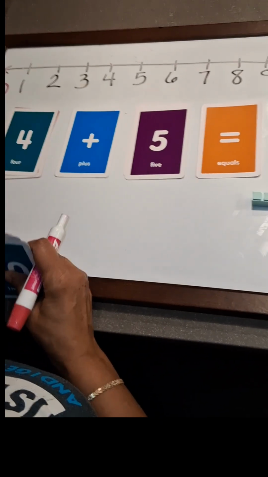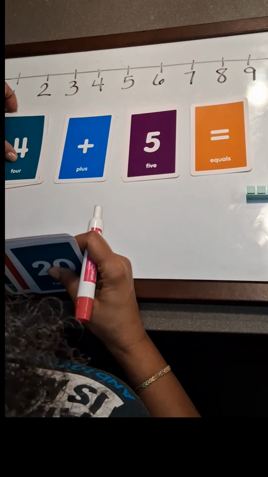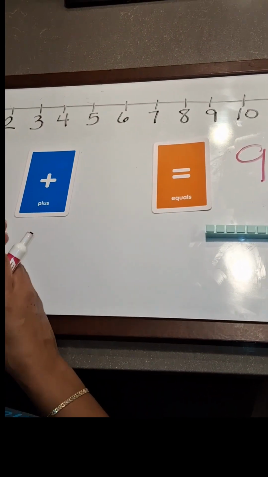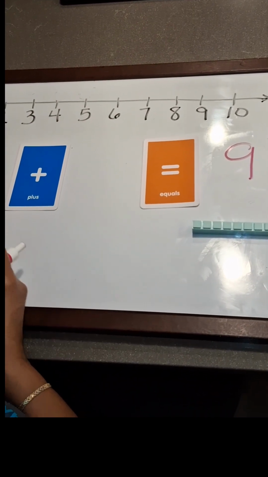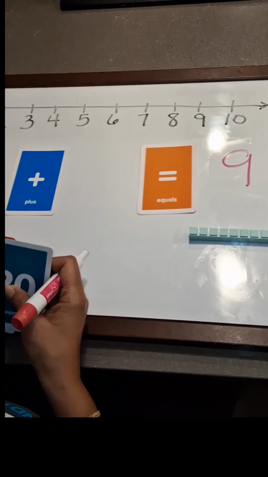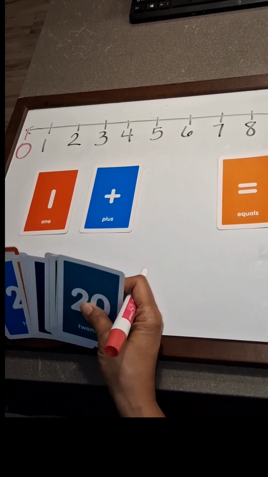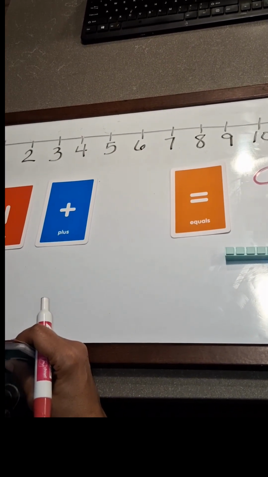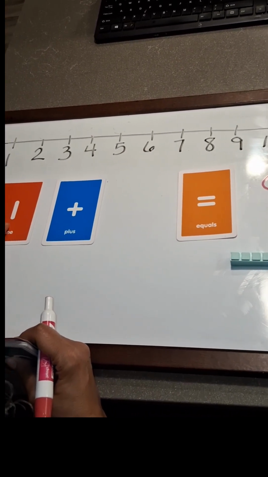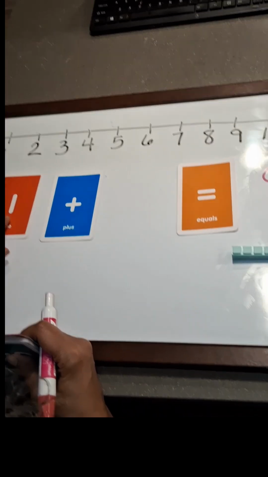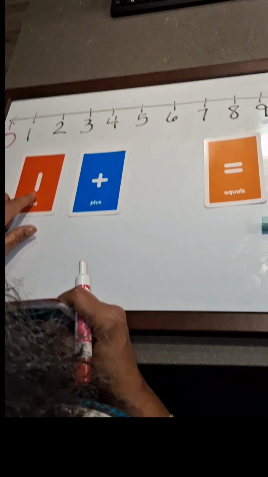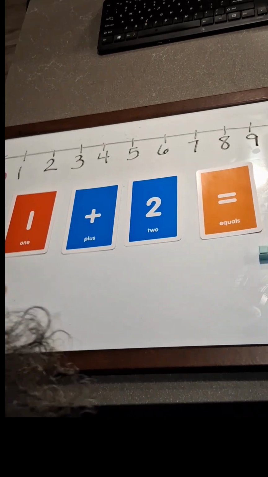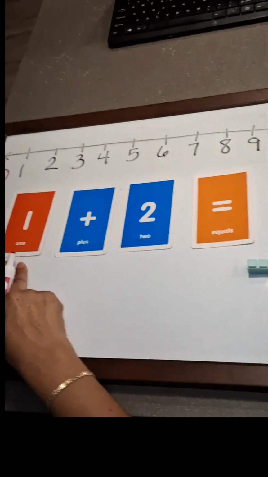Now what I want to do is add some doubles. Doubles plus 1. All right? So let's do 1. If I want to do doubles plus 1, what number would I need that comes after 1? 2. So if I want to know about the doubles plus 1, I'm just going to use the number that comes right after the 1.